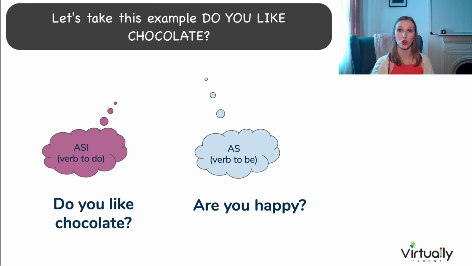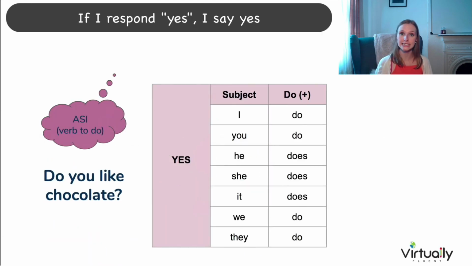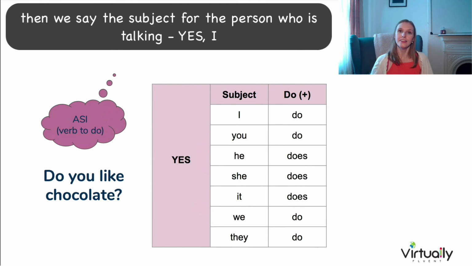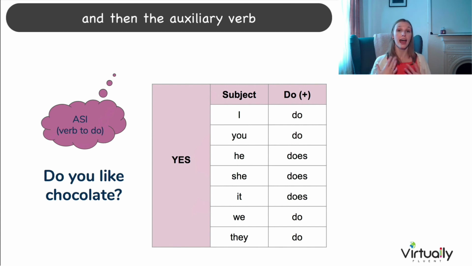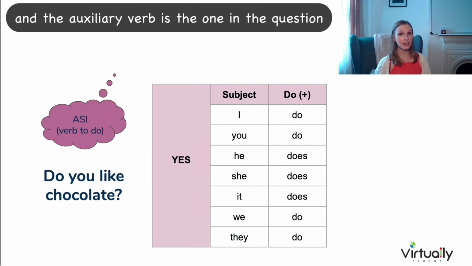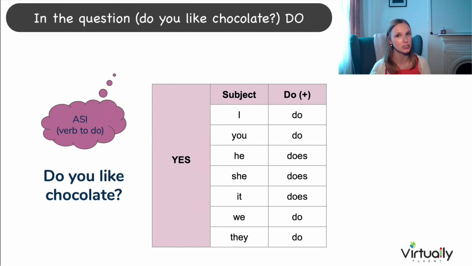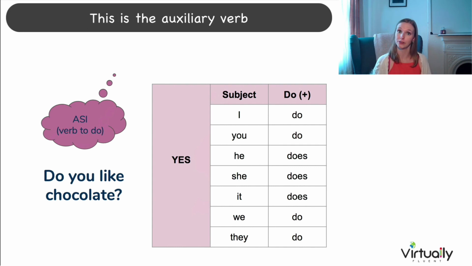Let's take this example. Do you like chocolate? If I respond yes, I say yes. Then we say the subject for the person who is talking, yes, I, and then the auxiliary verb. And the auxiliary verb is the one in the question. In the question, do you like chocolate? Do. This is the auxiliary verb.